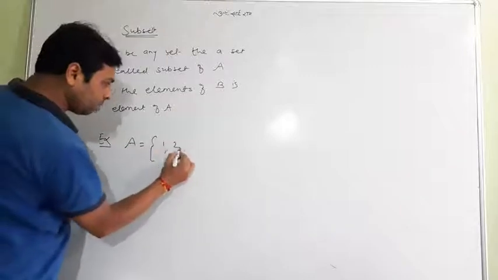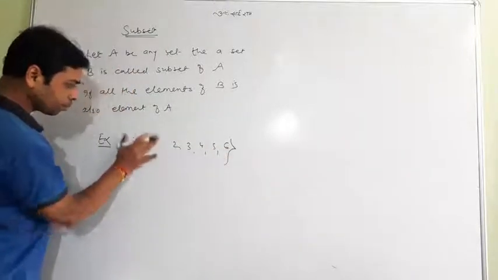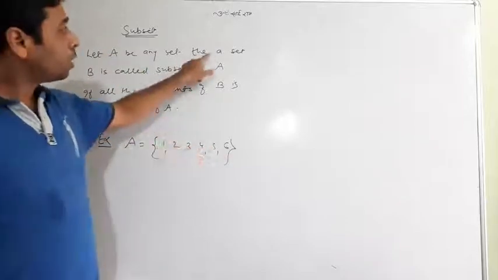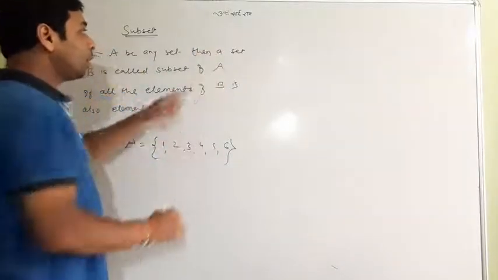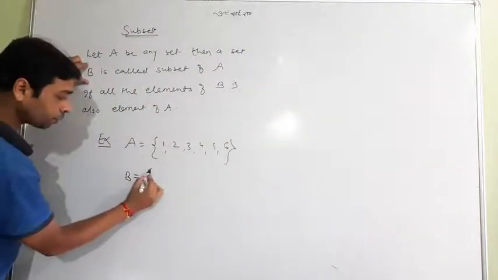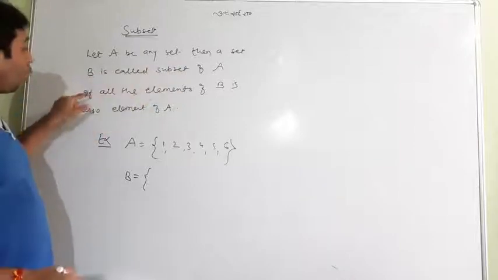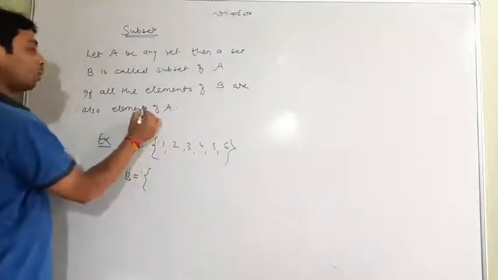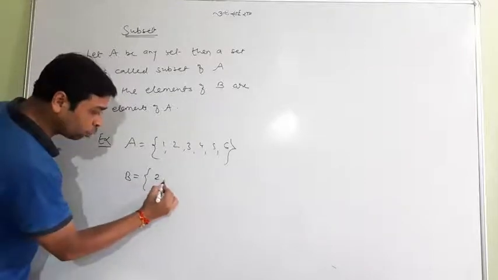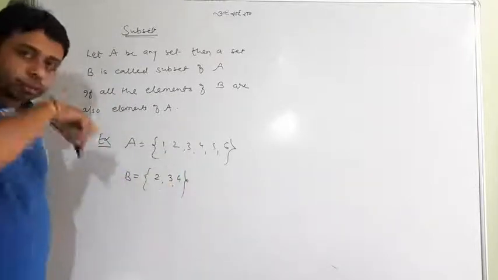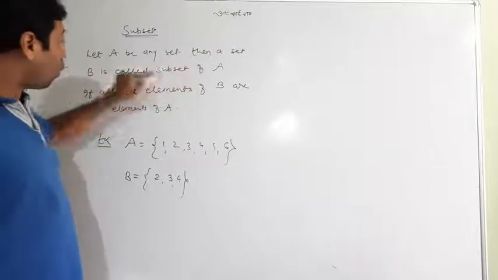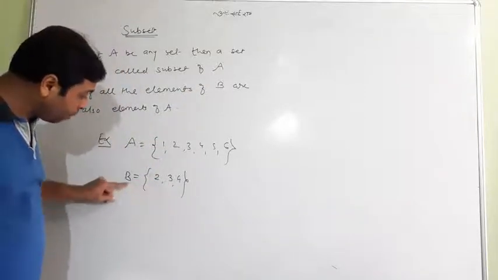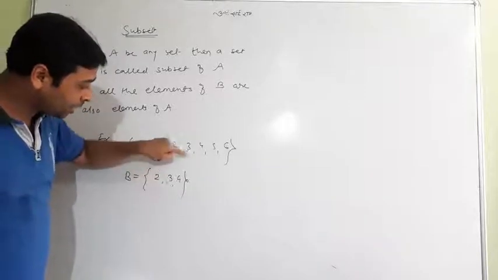Suppose A is 1, 2, 3, 4, 5, 6. This is the set A. Let A be any set, then a set B is called a subset of A if all the elements of B are also elements of A. Meaning, if I take 2, 3 and 4 only, and look at these two sets: all the elements of B must be elements of A. 2 is here, yes. 3 is here, yes. 4 is here, yes.